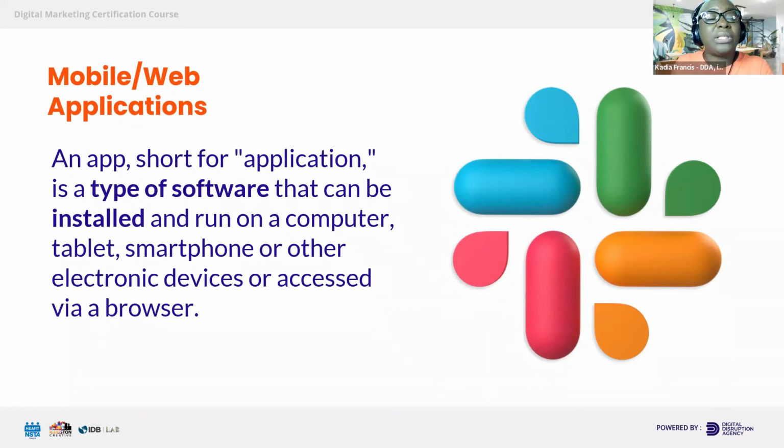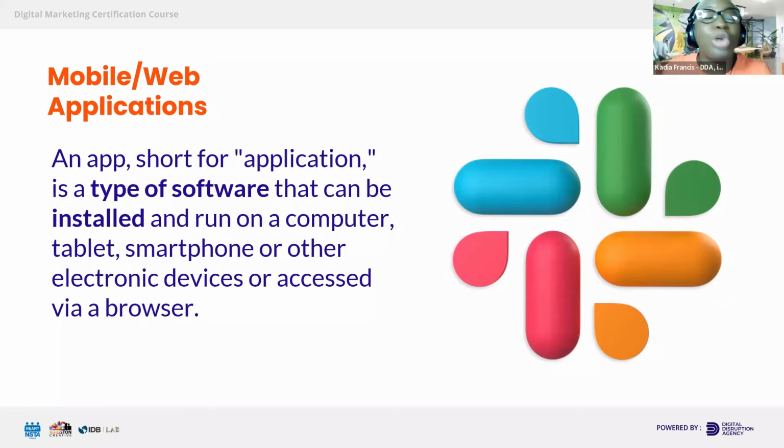This is what we call a web-based application, which runs on any kind of smart device. A mobile-based application tends to run on smartphones, tablets, even smart watches, and other kinds of electronic devices.